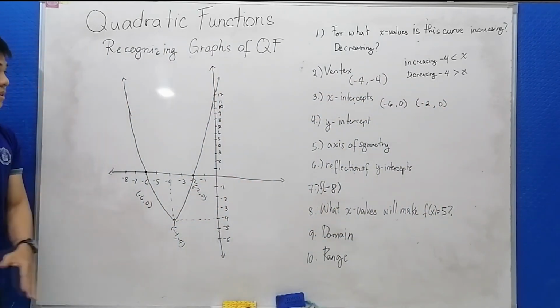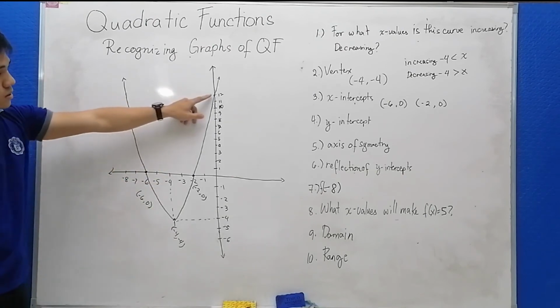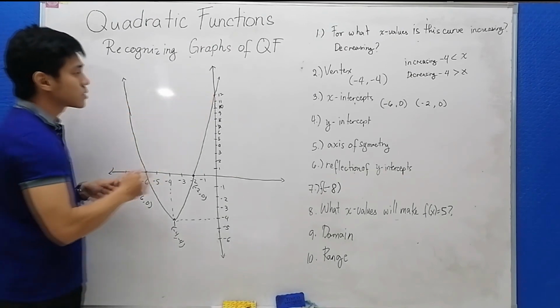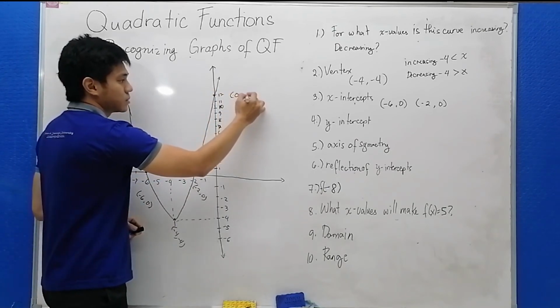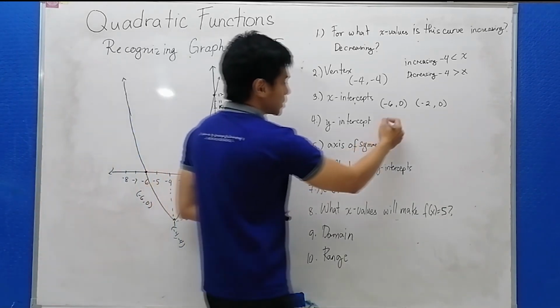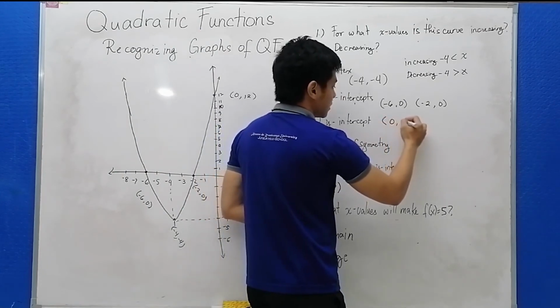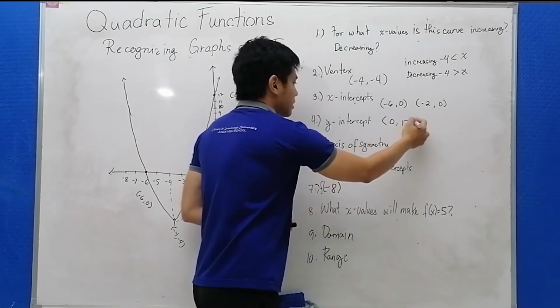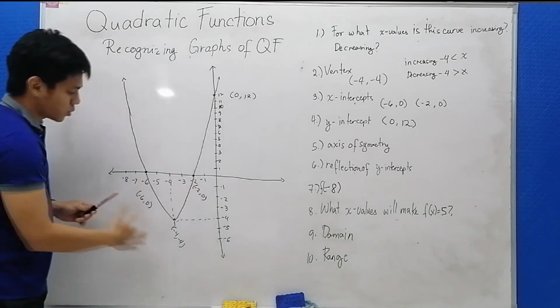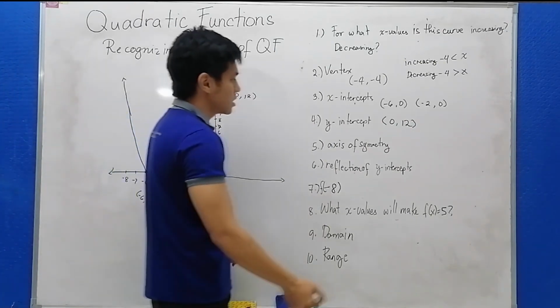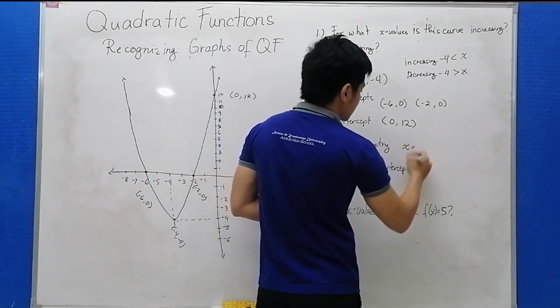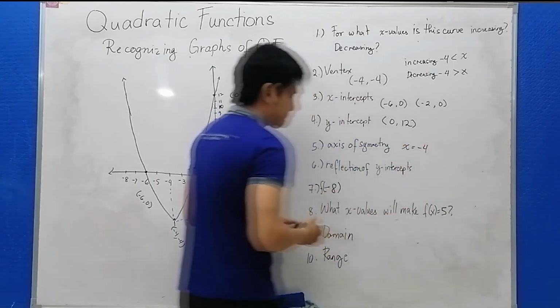For our y-intercept, we place it at (0, 12). So our y-intercept is (0, 12). Our axis of symmetry, the middle point, is the x value of the vertex. So x is equal to -4.